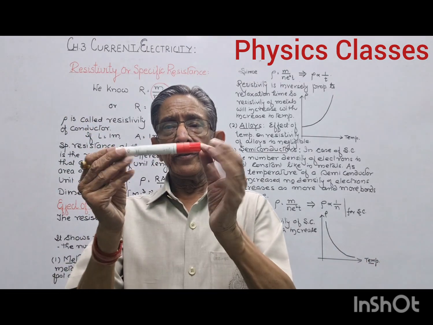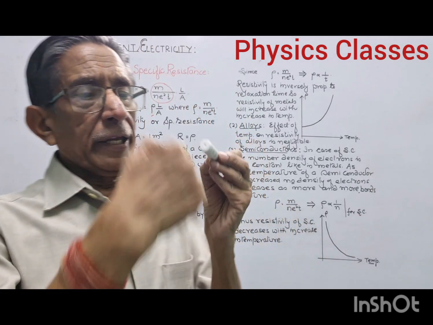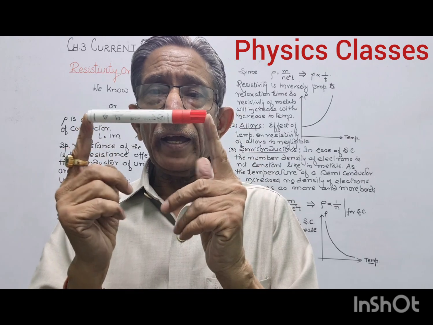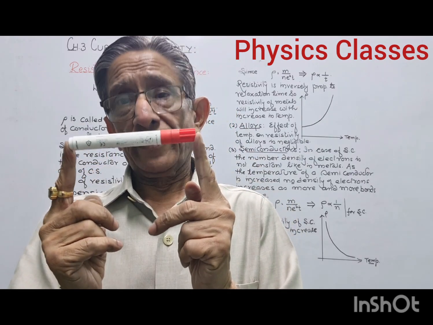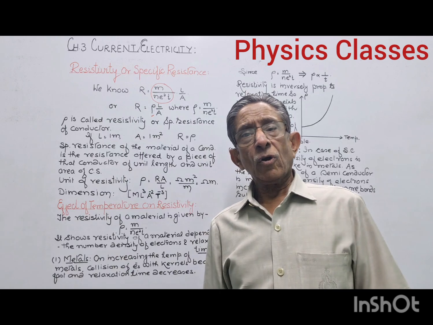Suppose I take this conductor. Its length is 1 meter, area of cross section is 1 meter square, then the resistance across its opposite faces is called its specific resistance or resistivity.